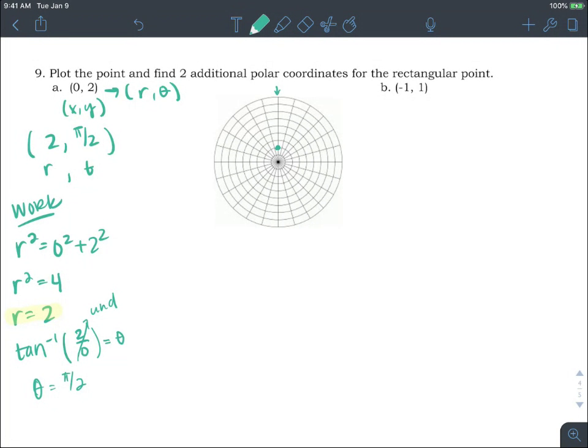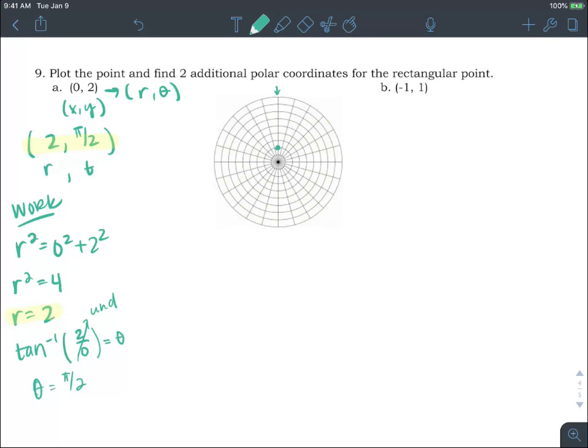Let's see. So we took care of plotting the point. Find two different polar coordinates. Okay, so this is one polar coordinate. Just think about what is another way to write this polar coordinate. I'm going to go ahead and use, what if we were facing 180 degrees from pi over 2?